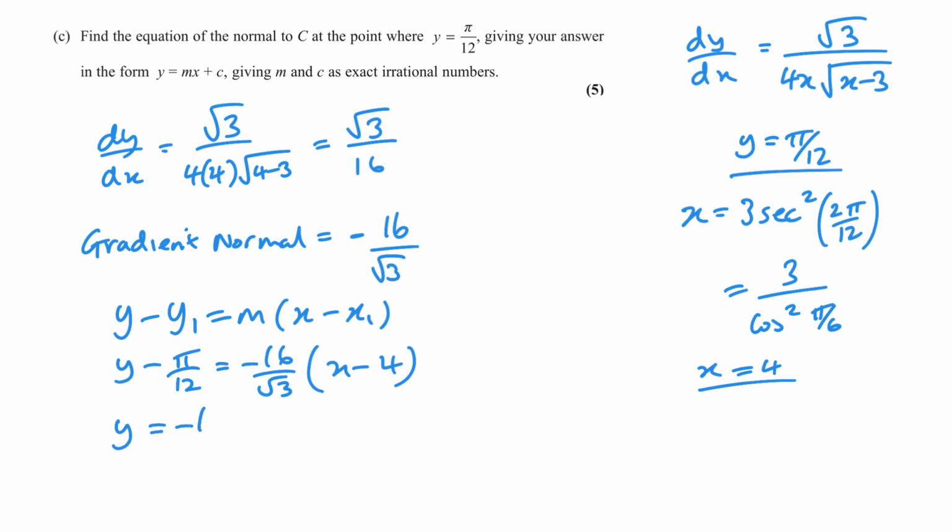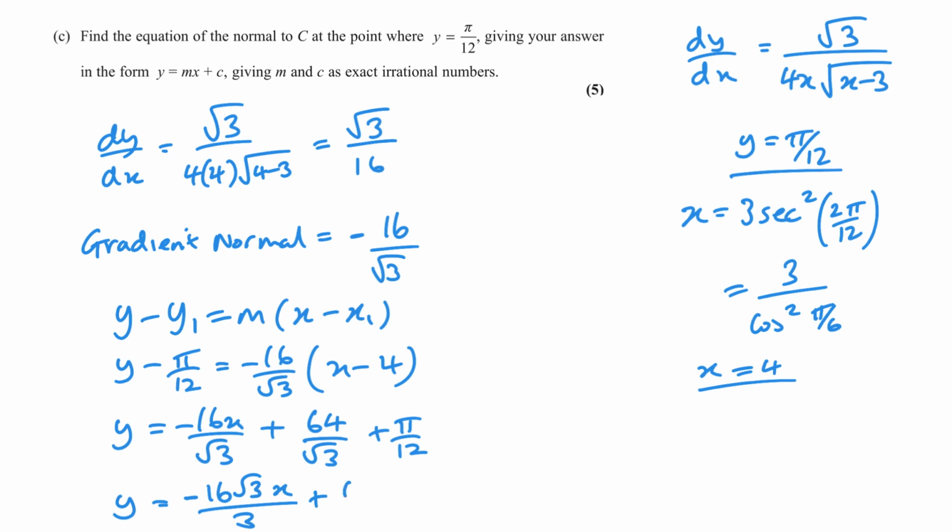So y equals minus 16x over root 3 plus 64 over root 3 plus that pi by 12, and we need to rationalize this, so we need to times top and bottom of here and here by the root 3. So we're going to get minus 16 root 3x over 3 plus 64 root 3 over 3 plus pi by 12. And that's it done.